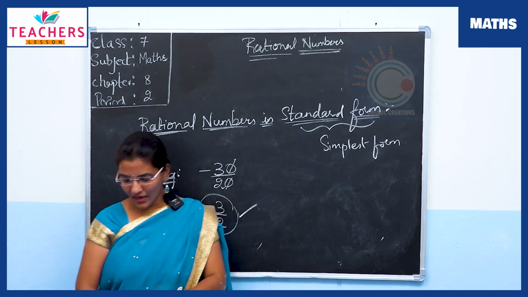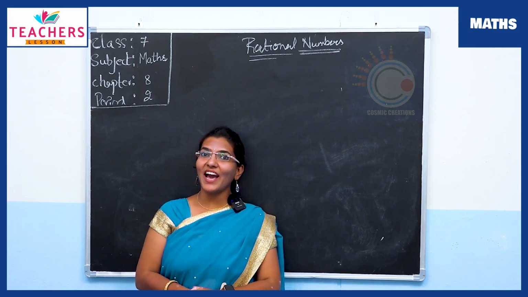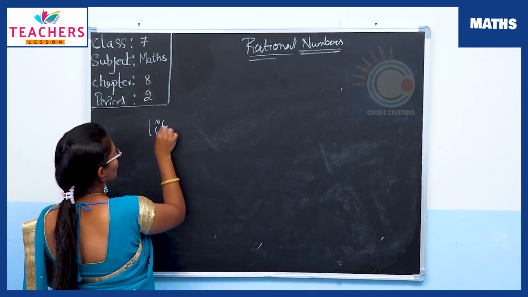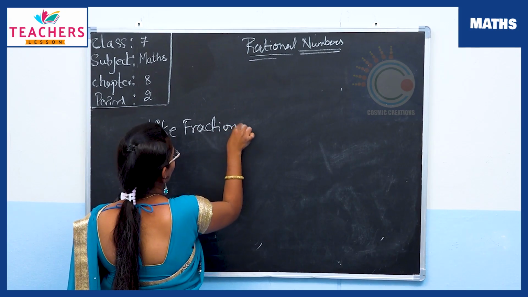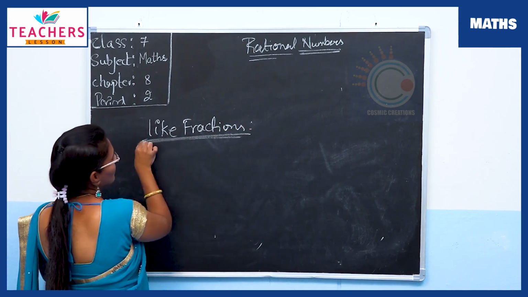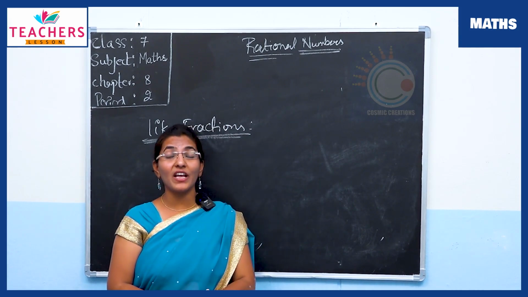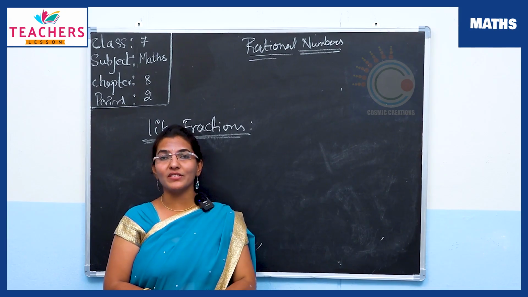Okay, clear? Next. Now, let's discuss like fractions and unlike fractions. What are like fractions, students? Like fractions are nothing but when you have a common denominator for both the given numbers.